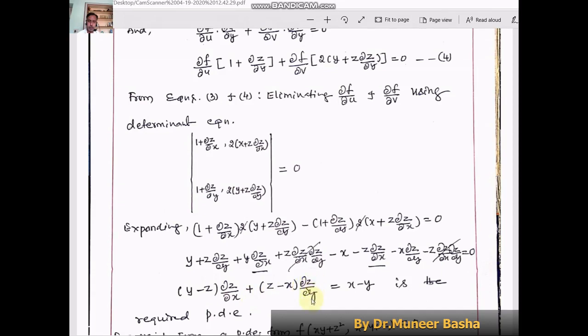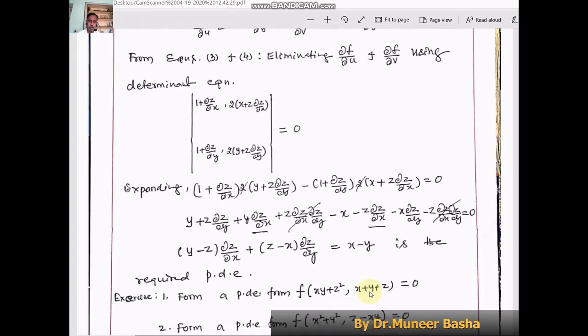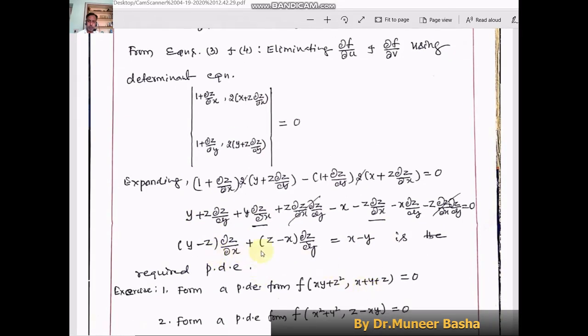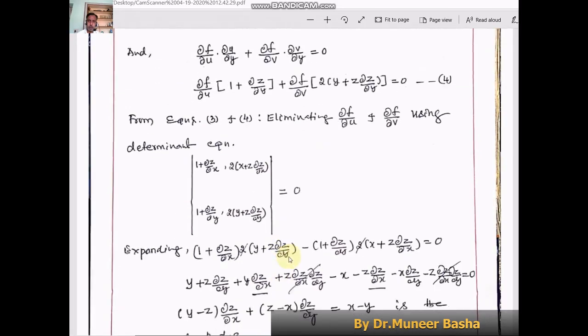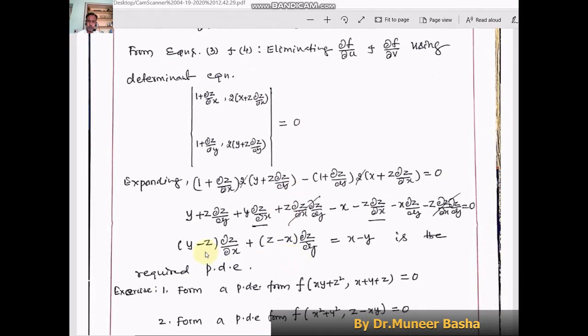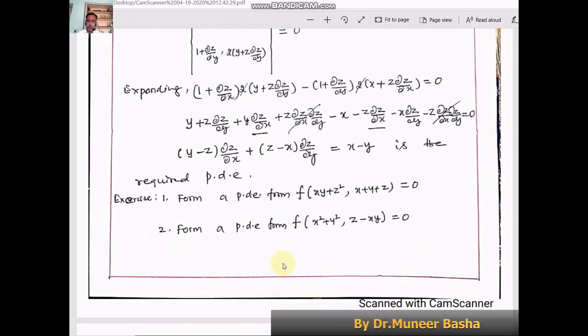Similarly dou z by dou y is common, take that common term, z minus x into dou z by dou y is equal to the remaining terms: minus x shifted to the right hand side plus y shifted to the right hand side becomes x minus y. So finally, the arbitrary function f has been eliminated. So this is the required partial differential equation.